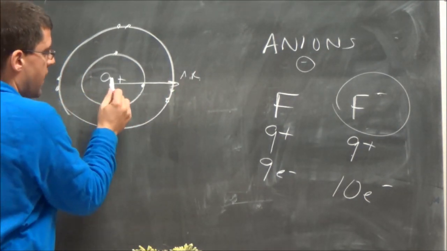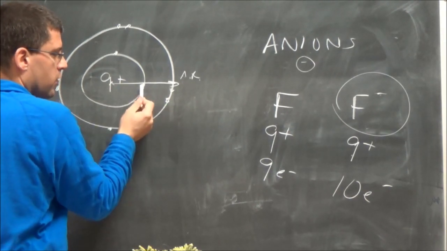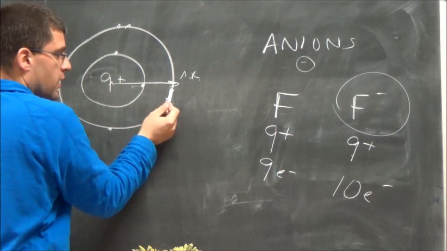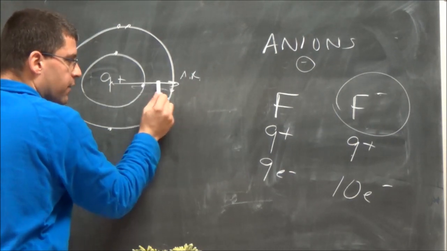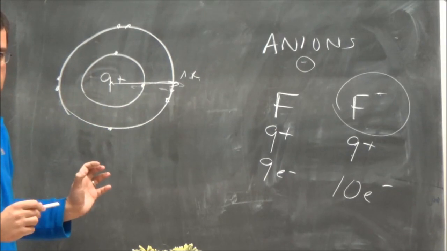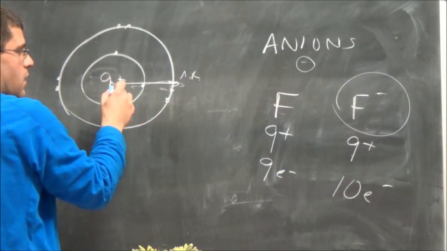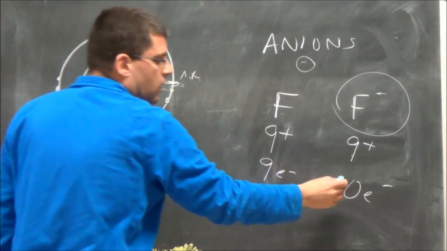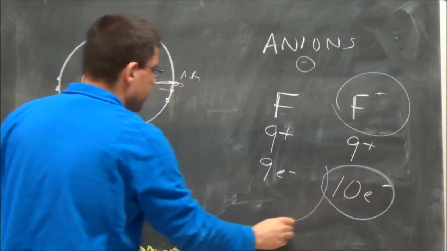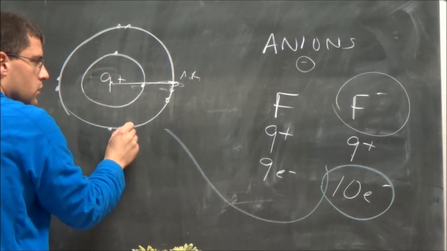So now you see that there's 9 protons, here are your electrons. These are attracted to the nucleus, but the problem is they repel each other back out, allowing for this size. Now given the ion, 9 plus, we add 1 more electron out here.